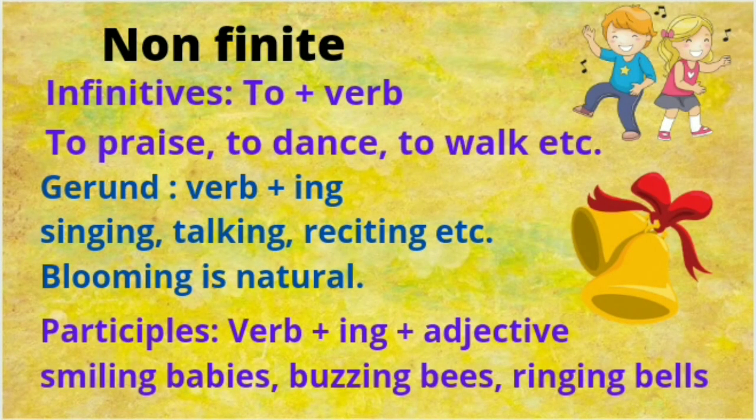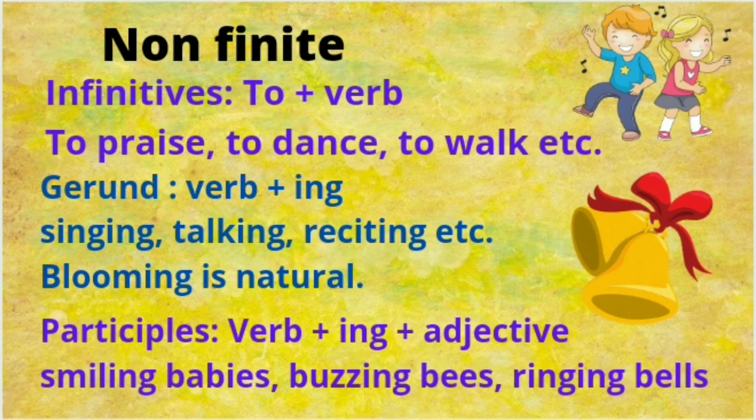Now, for the non-finite verb, if we talk about the infinitives, the structure for it is very simple. You need to write the first form of the verb with to. To praise, to dance, to walk. If we talk about gerunds, first form of the verb with ing: singing, talking and reciting. If I say my hobby is swimming, here swimming is used as a gerund.